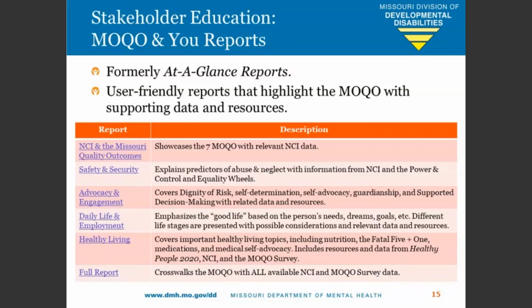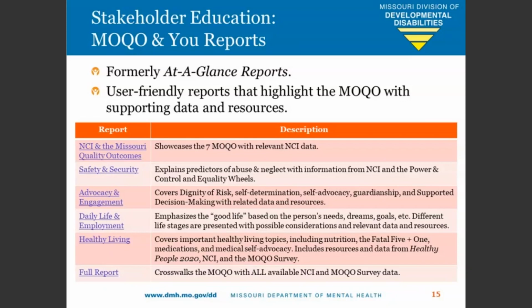It covers the different life stages, the possible consequences and considerations, or the "oops" statement, and then it also has relevant resources and data.